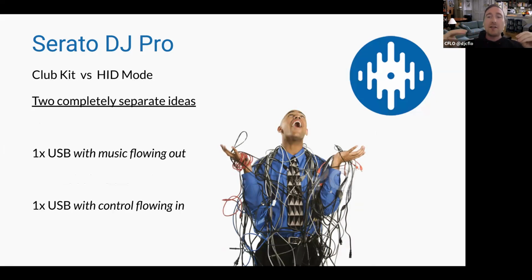One USB is handling music flowing out. HID mode handles the control tone, the control coming in. So they are independent ideas. You can use HID mode without using Club Kit, and you can use Club Kit without using HID mode. It's just about how you want to control it.